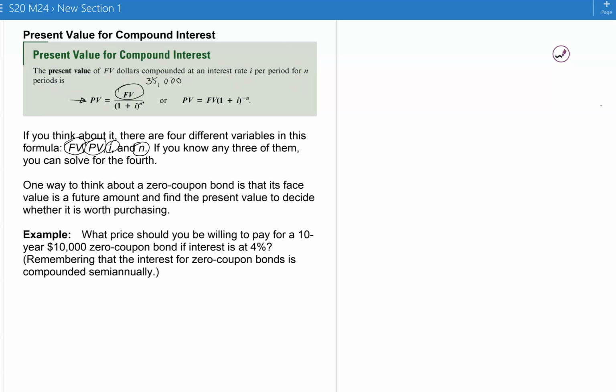If you know any 3 of them, you can solve for the 4th one. So this formula is really the same formula that we've just been using for interest computations. Just if you divide both sides by 1 plus i to the n and solve it for the present value, then it looks like this formula.